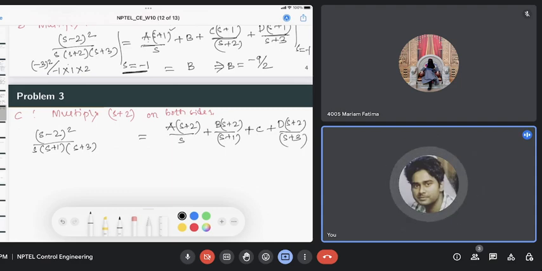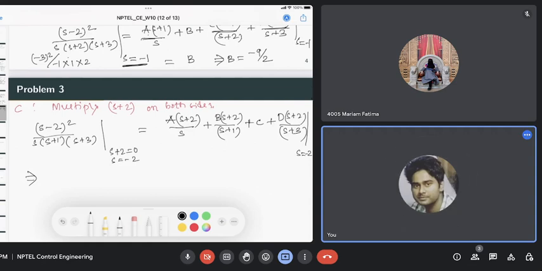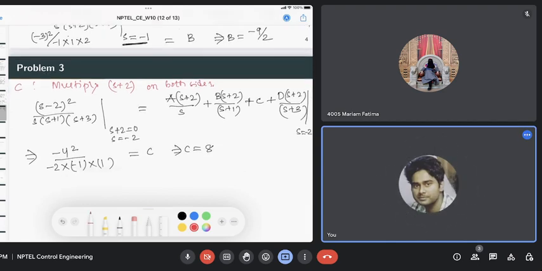Again we just take s plus 2 equal to 0, which means that s equal to minus 2, on both sides. So on this side it will be minus 4 square, minus 2 minus 1 1. It will be only c, right? So this implies that c equal to 16 by 2, it's 8, right? Similarly for d, multiply the coefficient, that is s plus 3, on both sides.